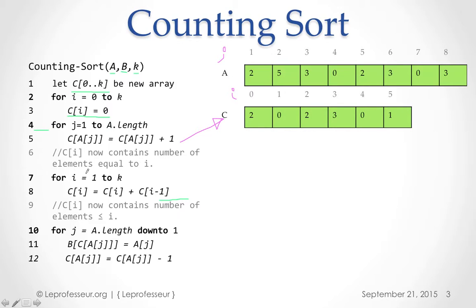Now we go to the next step, number 7. For i equal to 1 to k. So we are going from 1 to k. C of i equals C of i plus C of i minus 1. So C of i is 0.